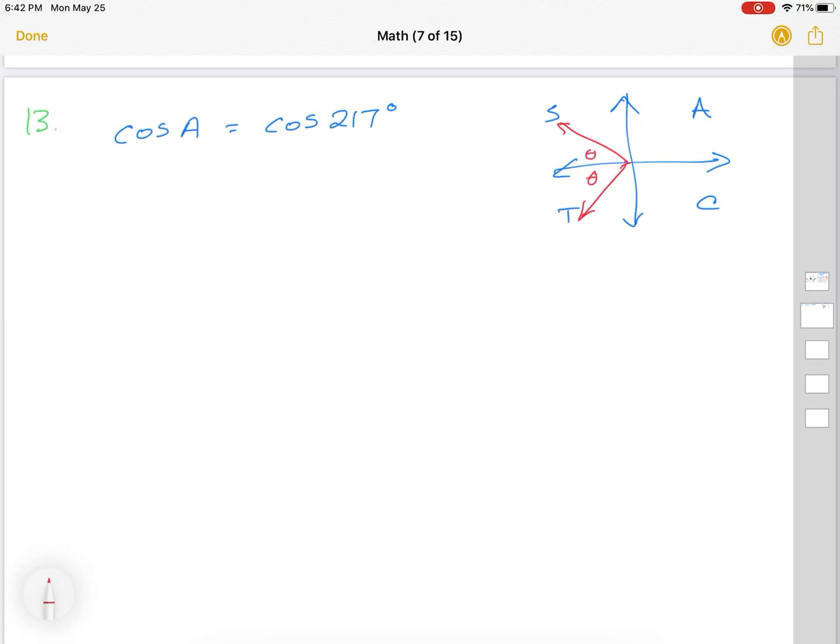So this and this would have to have the same reference angle. This one was 217 degrees, so the reference angle would be 217 minus 180 degrees, which is equal to 37 degrees.